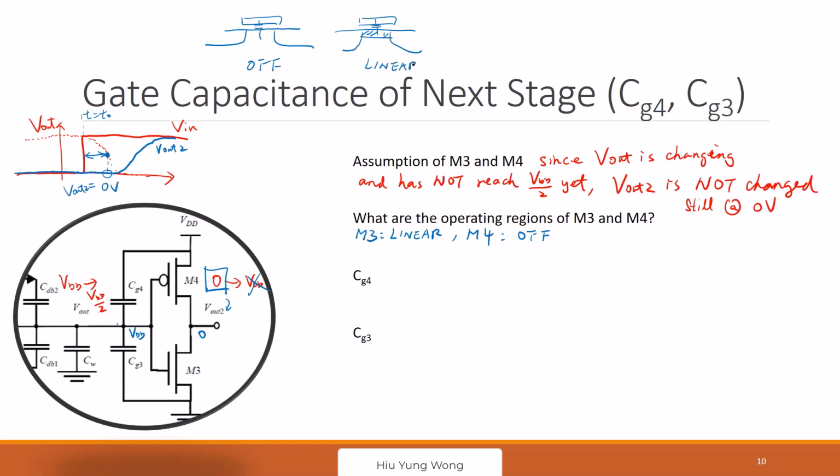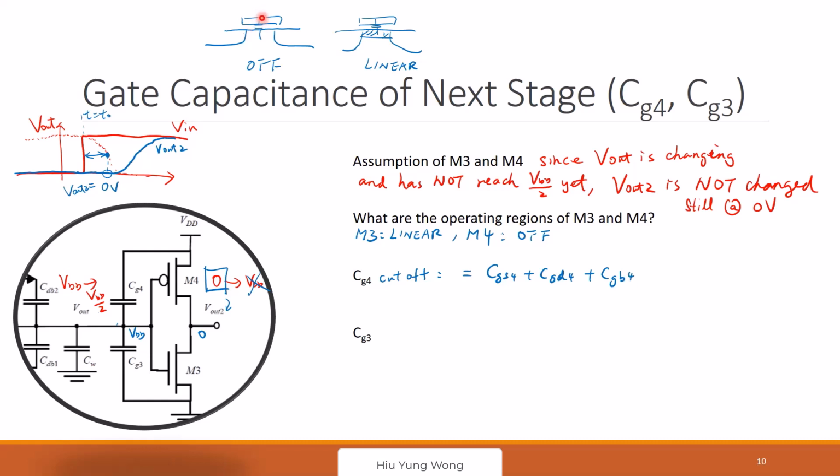And it turned out that they are the same. Let's consider one by one. G4 is cut off, so when it is cut off, G4 has three components: CGS4, CGD4, and CGB4. Do you agree?